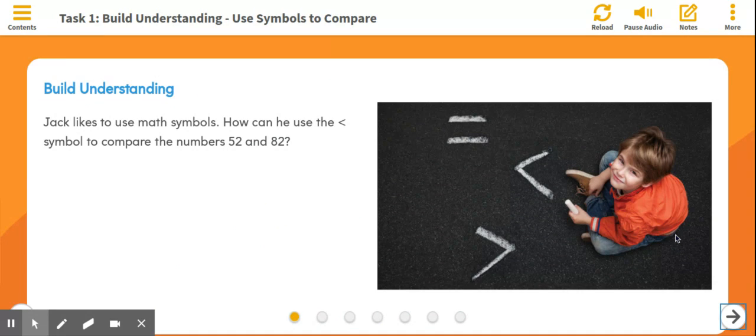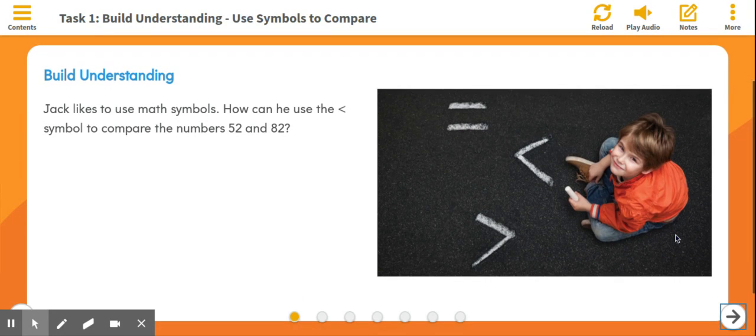Building understanding. Now we are moving on to page 334. You can see that cute little boy with his sidewalk chalk. I know a lot of you have been outside using your sidewalk chalk. Maybe today you could use your sidewalk chalk, if it's a nice day, to do some math. Jack likes to use math symbols.